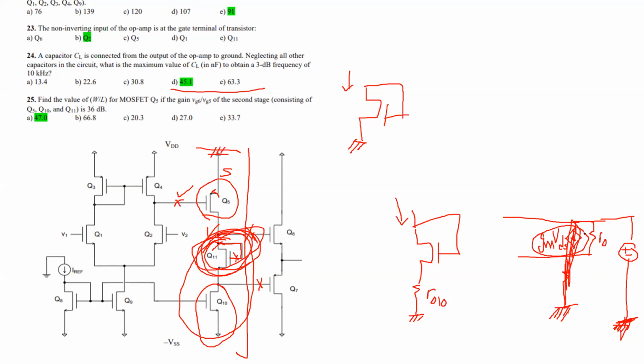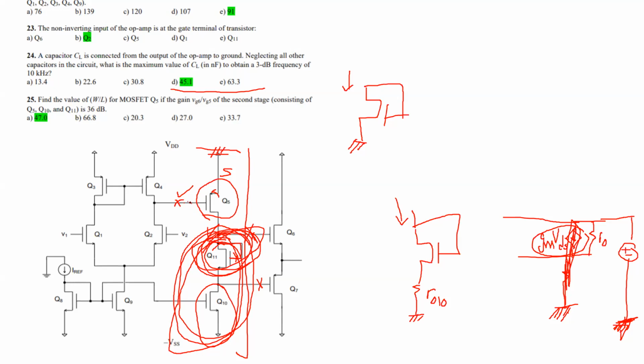Okay, now it's a little bit tricky, that's why I'm saying this is a little bit tricky, but if you see such a design that is less complex, the basic idea is you know what this resistance is, and once you know what this resistance is, then this is a common source and we can find the information from it.